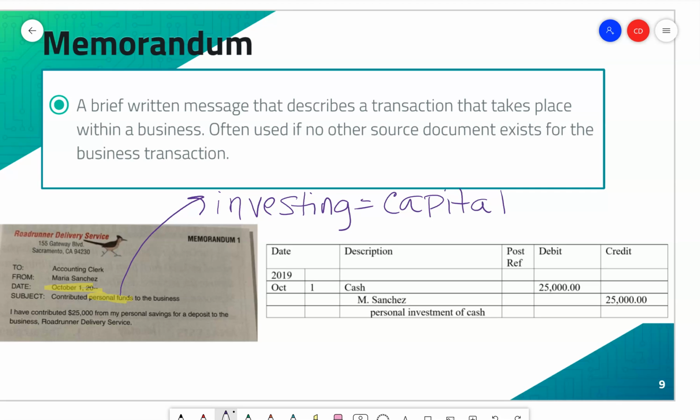So she is investing capital in the form of cash. It's going to be a debit to cash and a credit to M. Sanchez, and this should actually say capital. I forgot to put that in there. The amount is $25,000, with the description personal investment of cash.